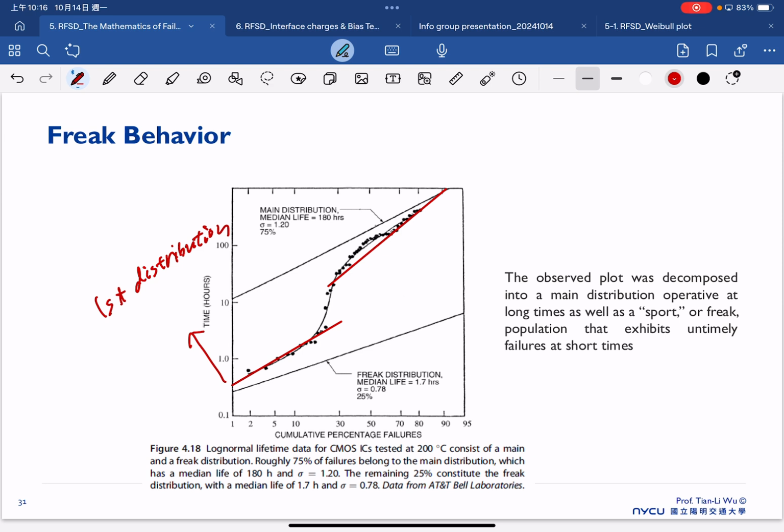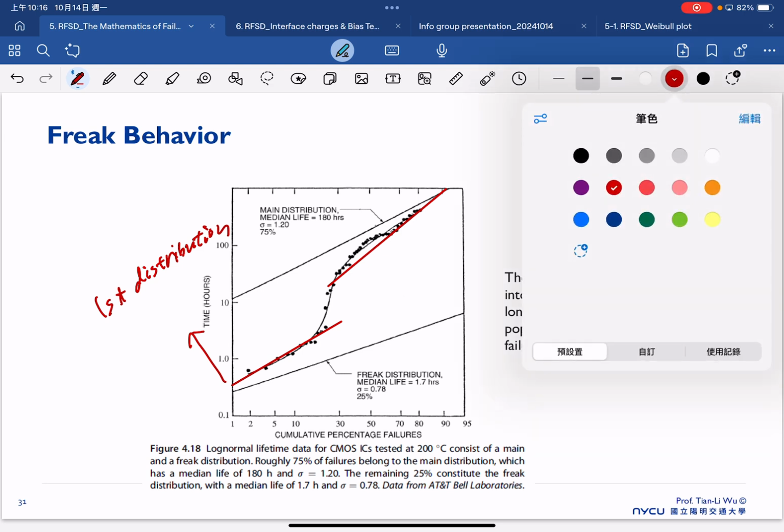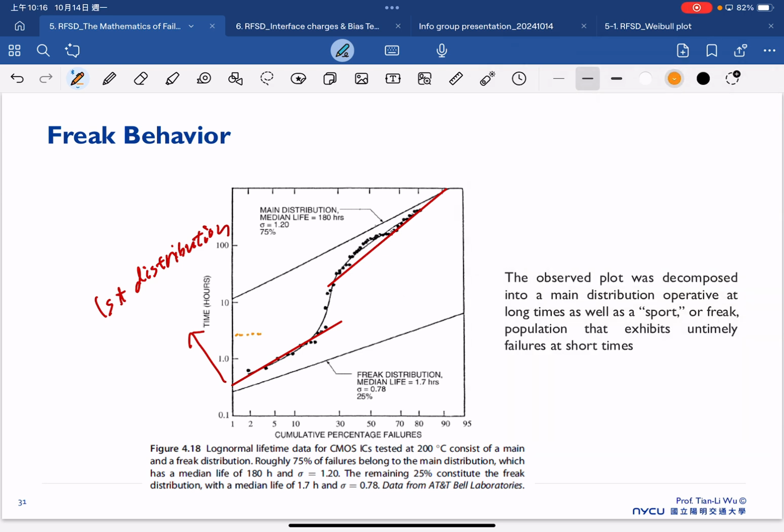The first distribution is the case of our failure values probably less than 5 hours, and the second distribution is the values between 10 to 100 hours.